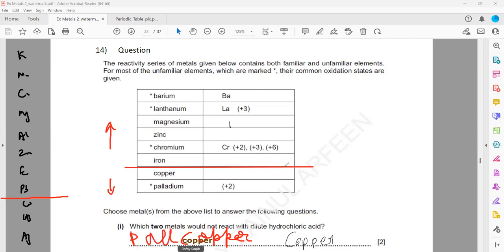So one is copper, another one is palladium. We use our normal reactivity series and work out the position for elements which can react. You can write the symbol: copper is Cu and palladium is Pd.